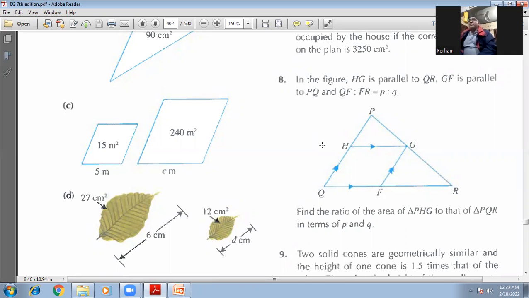And QF ratio FR, I'm reading from here, QF ratio FR is equal to P ratio Q. So find the ratio of the areas of the triangle PHG to that of the triangle PQR in terms of P and Q. This is a parallelogram, so whatever is this side, same side is here. And whatever is this side, same side is here. That's question number 8. So let me show you my solution.